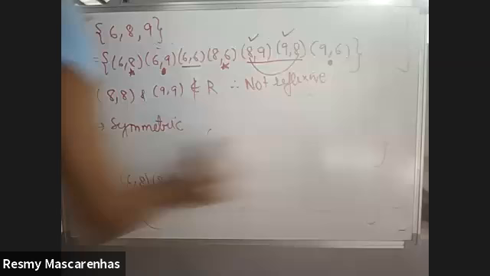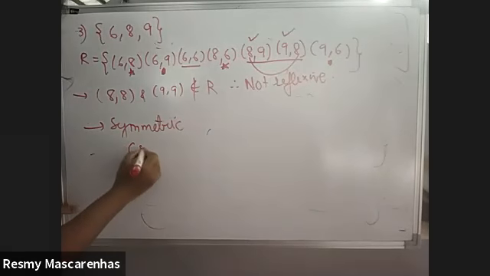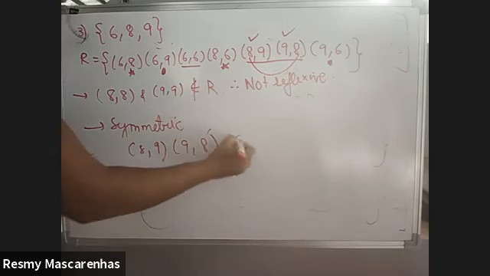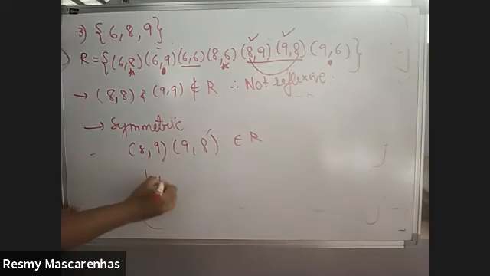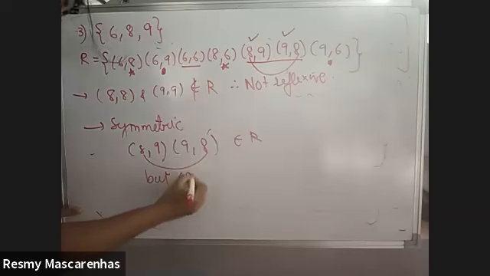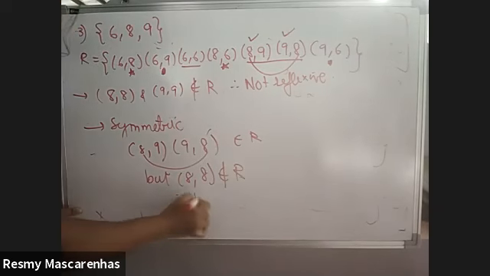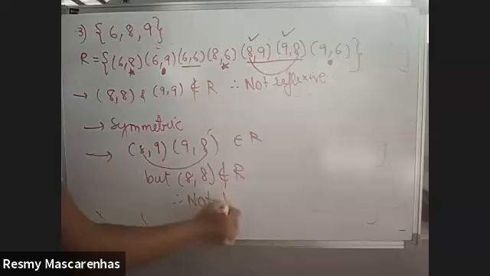So that's why it will not be transitive. You can write this example: 8, 9 and 9, 8 belong to R, but 8, 8 does not belong to R. Therefore, not transitive.